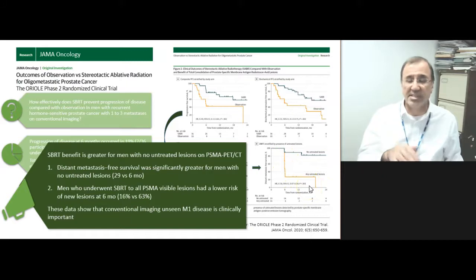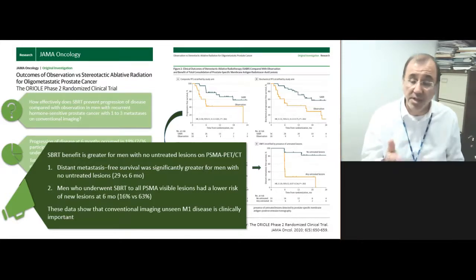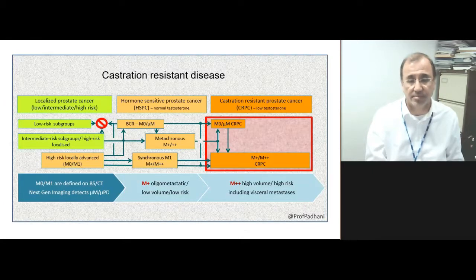So distance metastasis-free survival was greater when there were no untreated lesions, and men who had no untreated lesions had a lower risk of a subsequent metastasis. These data emphasize that all the disease that is visible either on conventional imaging or on PSMA should be treated, otherwise patients will suffer detriment.